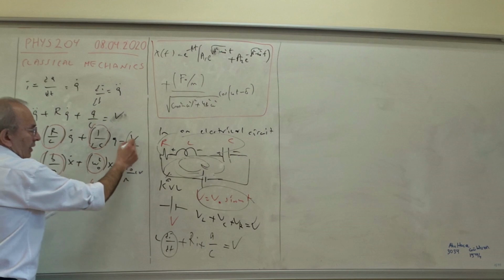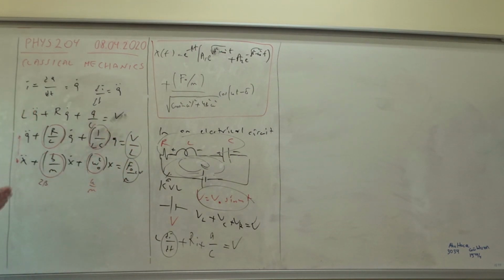And the right hand sides are also corresponding. So the same idea that we have been analyzing here can be applied to the electrical cases of RC circuit, LC circuit, RLC circuit. If there is no R, remember that R here, B there, they are also corresponding terms.